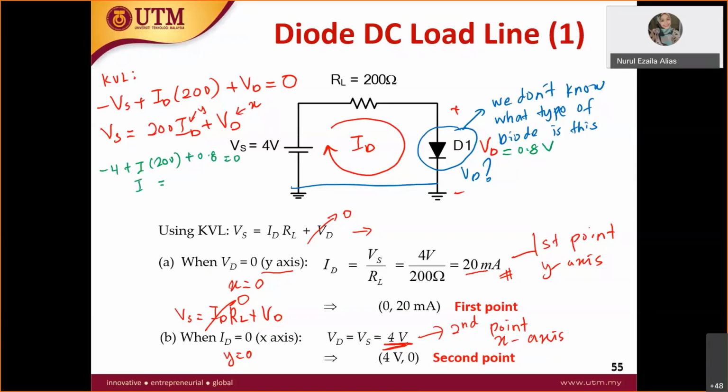Can you calculate the current here? How much is that? 4 minus 0.8, divided by 200. How much do you get? 16 milliampere.